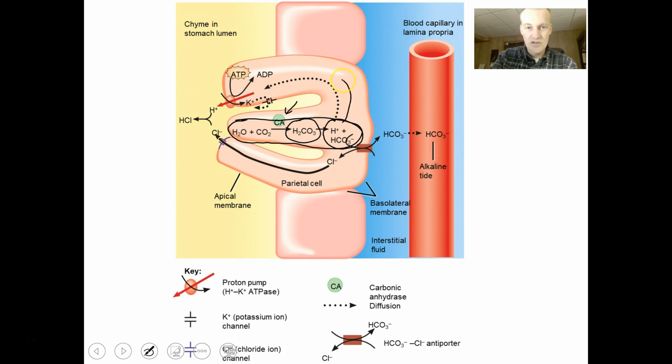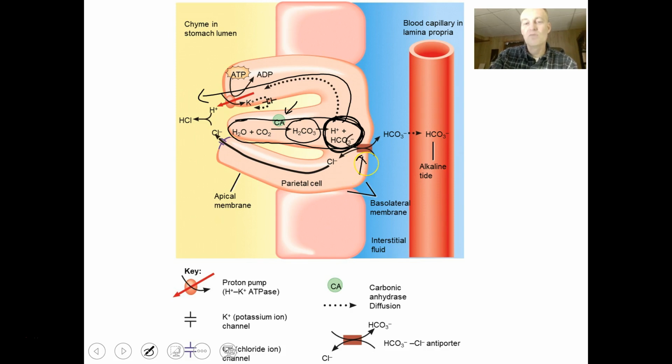Now those hydrogen ions will be pumped out into the space of the stomach, and that's going to combine with chloride ions to form hydrochloric acid. But the bicarbonate that's made at the side of the carbonic acid bicarbonate buffering system will use an antiporter.